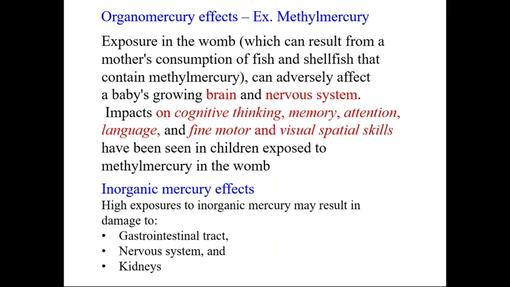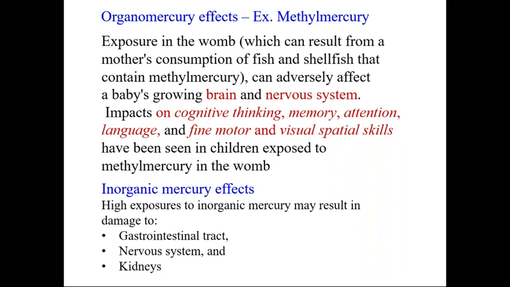Organomercury effects, that is methyl mercury: the major effect is due to exposure in the womb, that is the fetus, and it usually comes by the mother consuming fish which is contaminated with methyl mercury. You find a large number of reports from several countries estimating the methyl mercury content of the fish along their coast, and this can adversely affect the fetus's growing brain and nervous system.